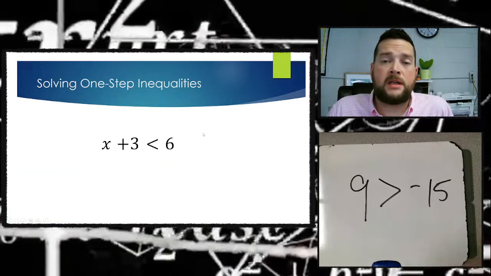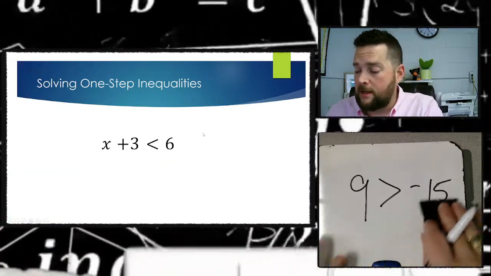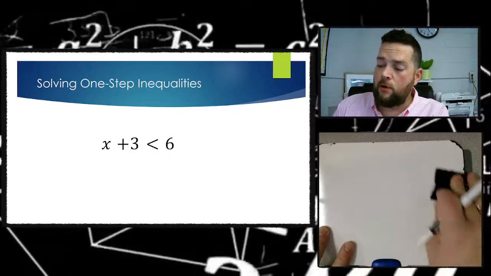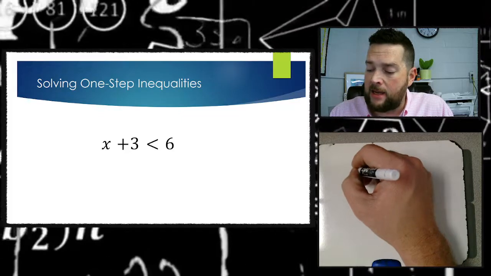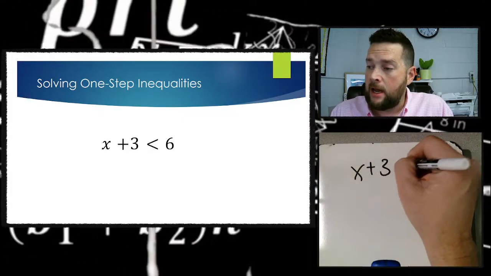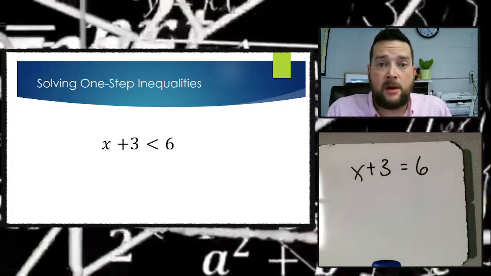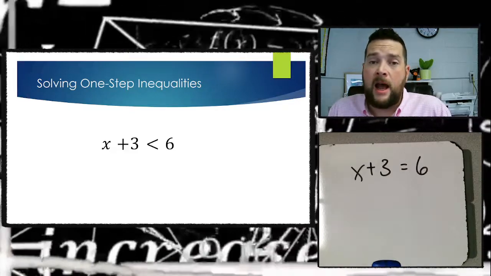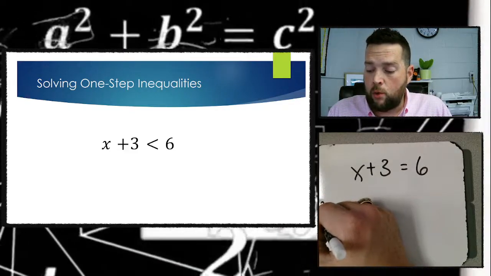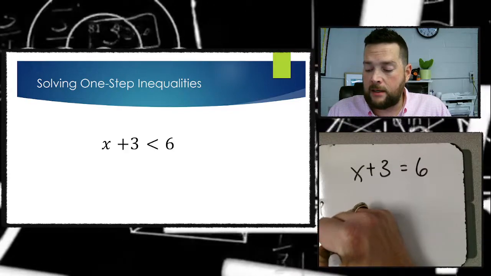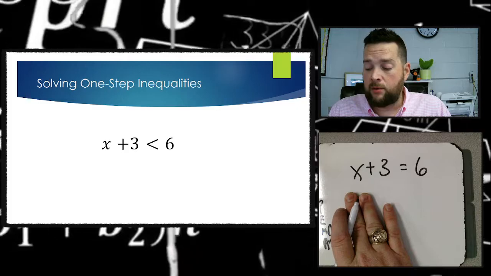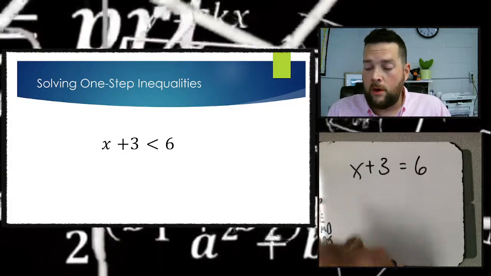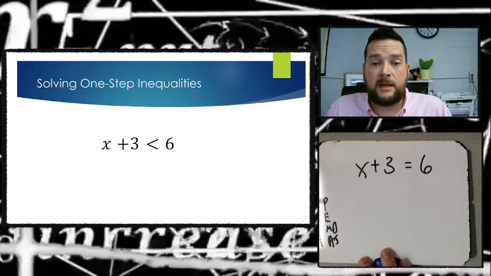And now we're starting to deal with variables like this. Here's the great news. If you already know how to solve equations, so if I had x plus 3 equals 6 and I want to solve that, all I'm going to do is reverse the order of operations to undo the math associated with the variable, which means I've got to go reverse PEMDAS, all right?